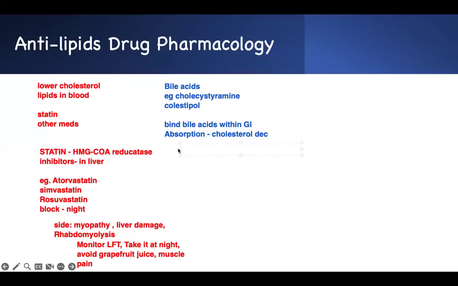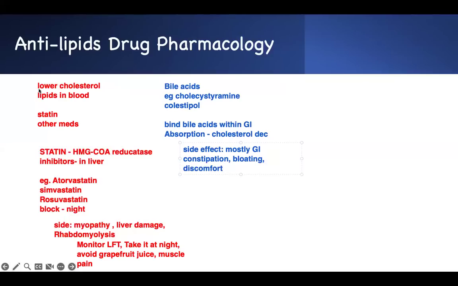Side effects, you don't have to memorize them. Anything that you take that stays within your GI tract, and that's its job there, the side effects will be GI side effects. So mostly GI, and you don't have to worry about it. It causes constipation, bloating, and GI discomfort, because it stays there.